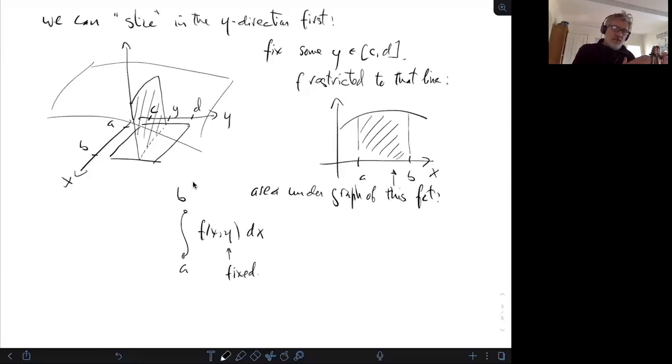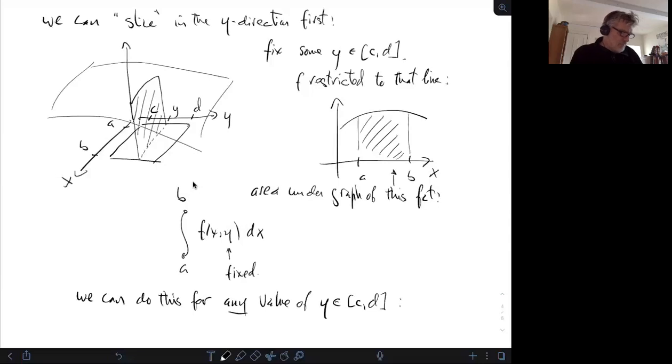So it's the same principle as before, but we're just doing it in the other direction. You can do this for any value of y between c and d, and so we're going to get possibly different values depending on the function f. But for each y, I get some new value, which I'll call b of y.